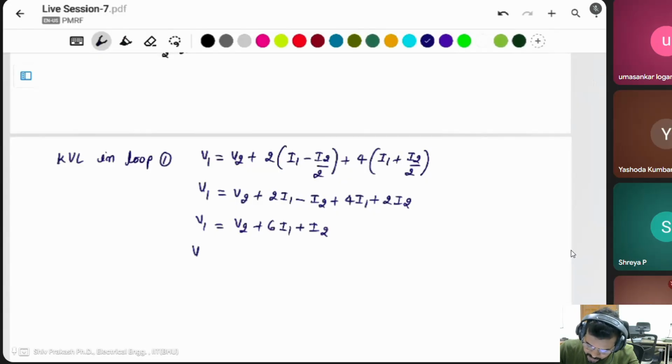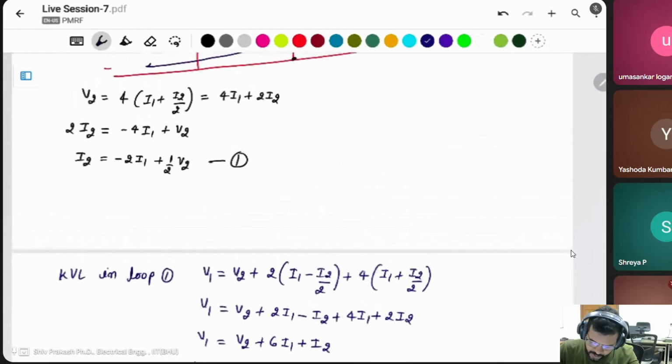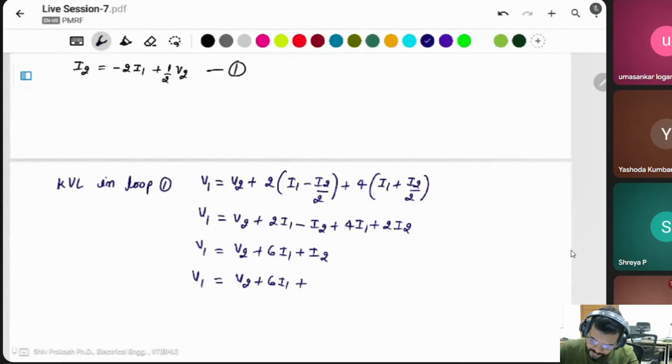We have to replace the current, V1 in terms of I1 and V2. This will be V2 plus 6I1 plus I2. I2 from this equation 1, I2 is equal to minus of 2I1 plus half of V2.